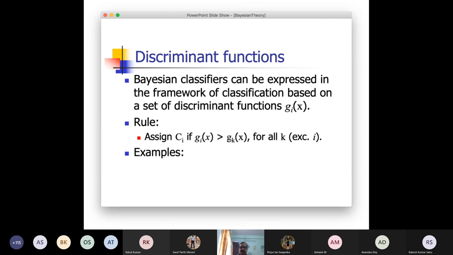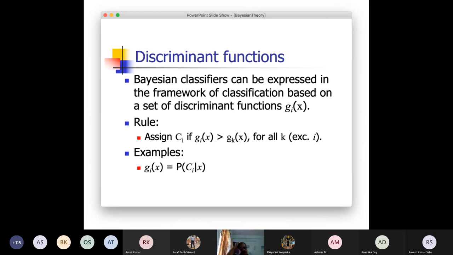That is what is expressed by this rule. Then we call this kind of classifier a discriminant function-based classifier. And that's why the name discriminant came, because they are discriminating a particular class using these functions.